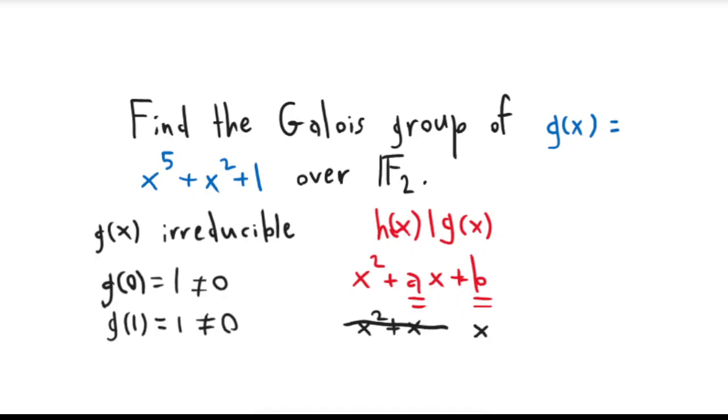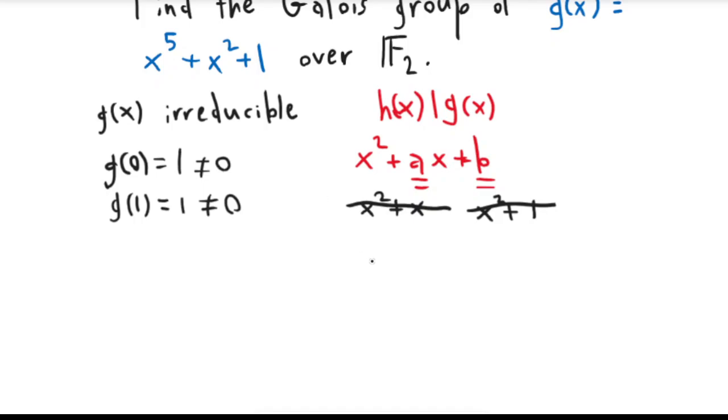Another possibility would be x squared plus 1, but x squared plus 1 has 1 as a root, so that's not going to work either. Another possibility is x squared, which obviously doesn't work. And so that leaves you with x squared plus x plus 1. So this is a monic irreducible quadratic. Does x squared plus x plus 1 divide g of x?